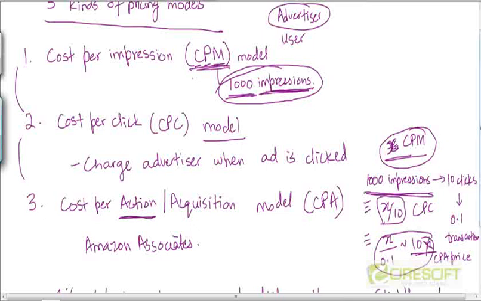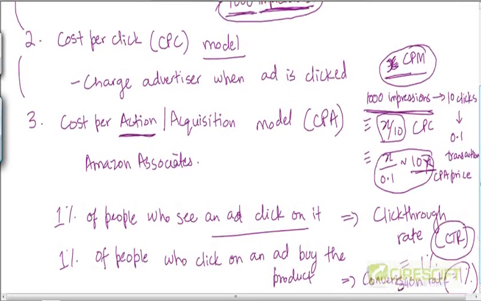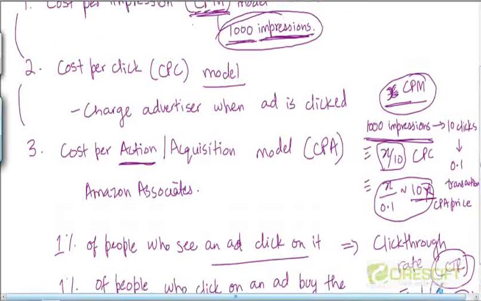So the reason they go for the CPA model is that the click-through rates and the conversion rates are actually not known. There is uncertainty associated with how many times a particular ad will be clicked. We can say on an average 1%, but really it's going to depend from ad to ad, from keyword to keyword and so on. There is always uncertainty associated with it.